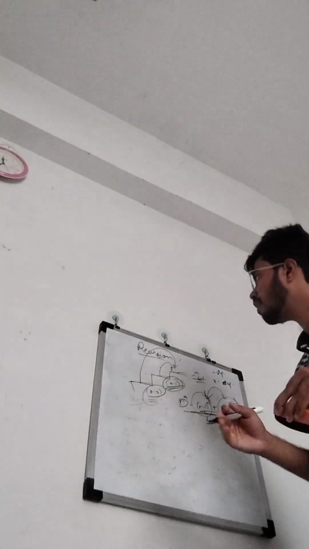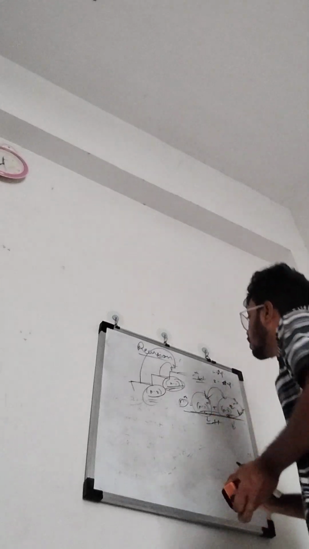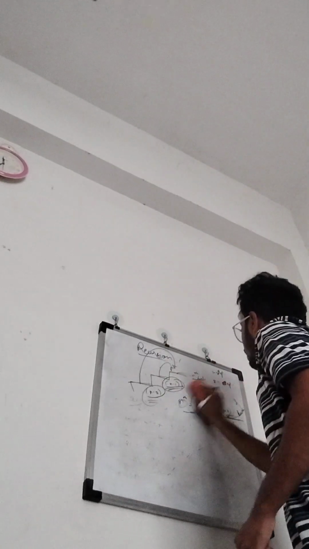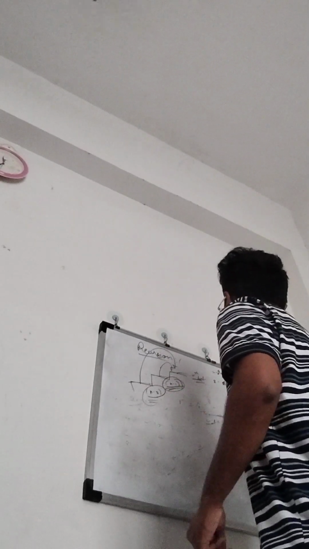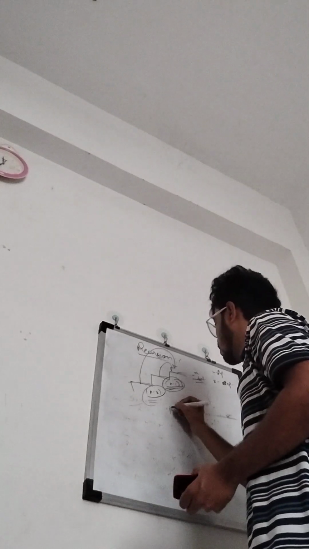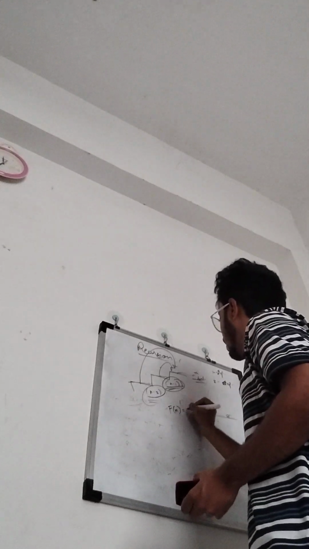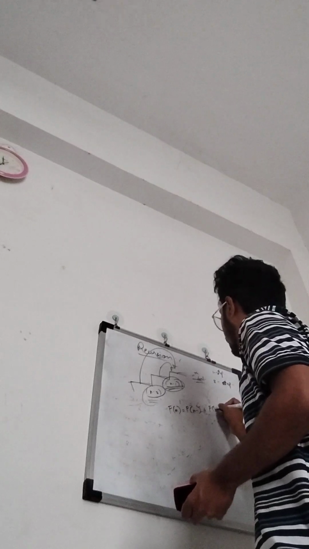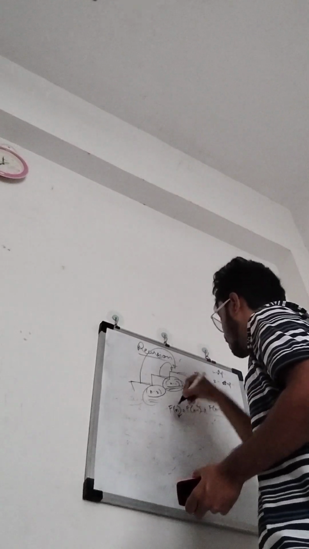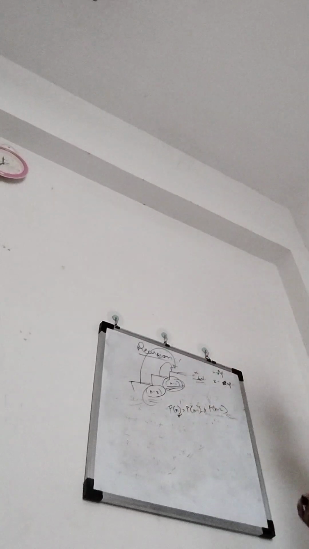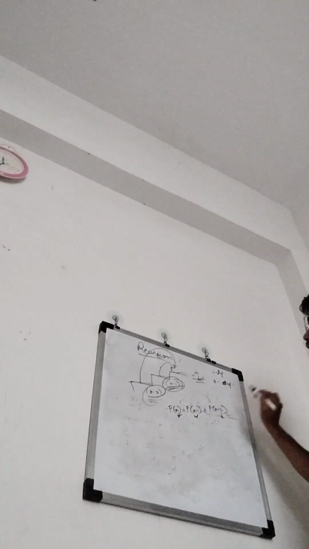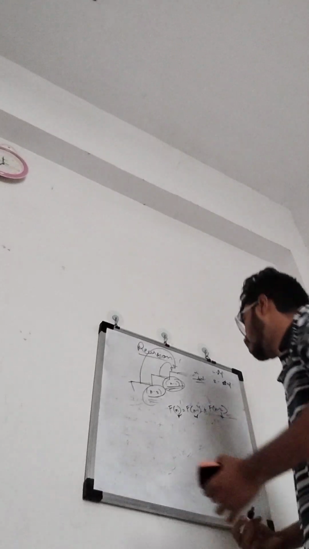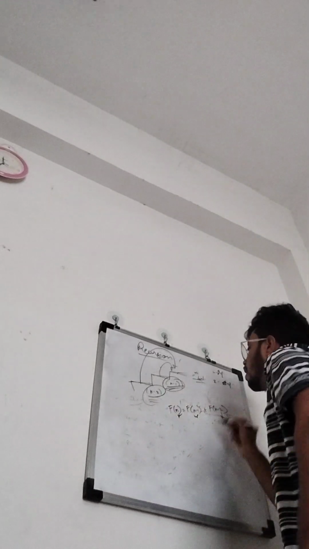Fine. Okay. Now the recursive relation will be f of n equals f of n minus 1 plus f of n minus 2, where these represent the number of ways to reach nth level, the n minus 1th level and n minus 2nd level. Okay.